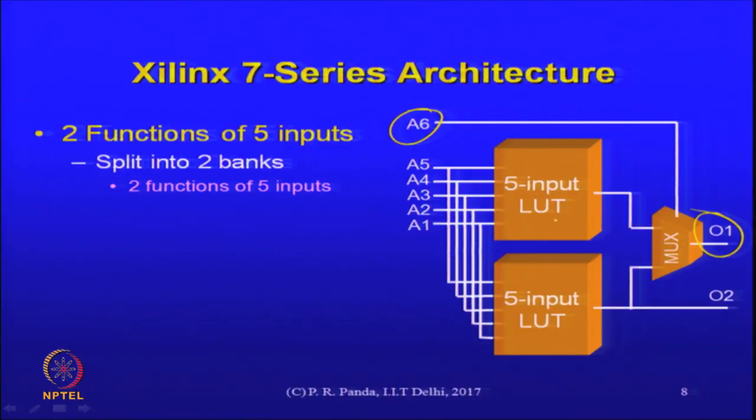Any function of 6 inputs, I can spread it over the 32 bits that are here, and I could choose one or the other depending on the sixth input. But now 30 addresses are kind of not used, right? So first 5 bits. This is 32 and that is 32, right?